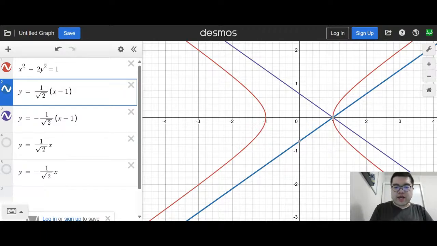If we do that, we end up with x replaced by the expression y over m plus 1, and then we have this quantity squared, and then minus 2y squared, which is equal to 1.